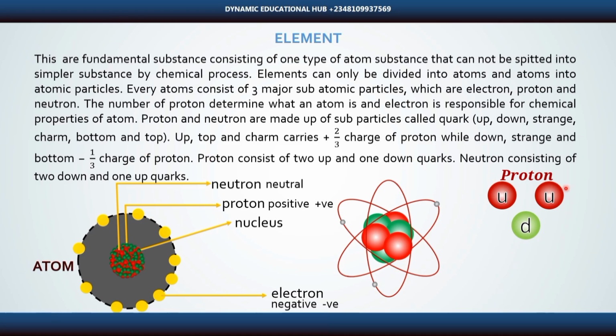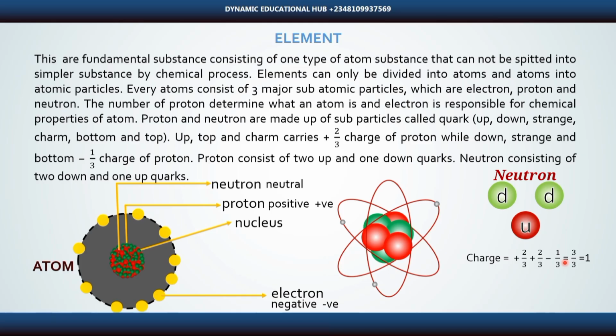So when you add all these charges together, what are we going to have? Let's do the mathematics. The overall charge of proton is going to be 2/3 plus 2/3 minus 1/3, and when you do the mathematics, you are going to get 3/3, or +1. So that is why the charge of proton is +1.